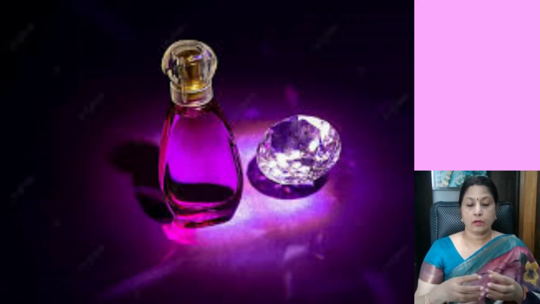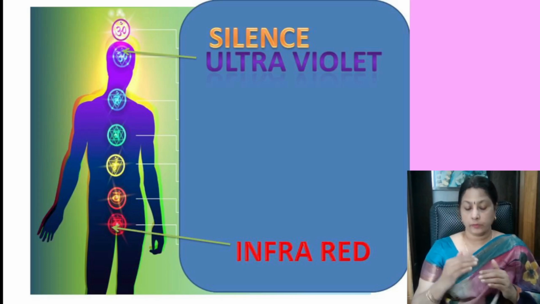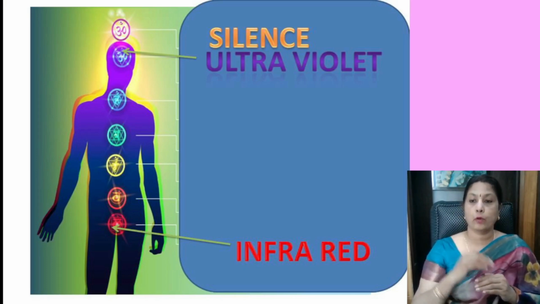And this sort of purple or violet shade looks a little blackish because after the ultraviolet zone, you have the void, the dark void. So you are moving from the Agya chakra purple into the dark void.